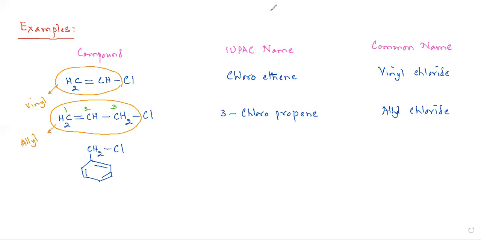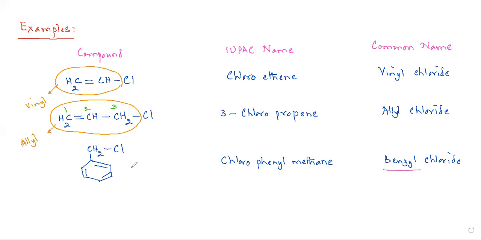So this can of course be called, it is actually chlorophenyl derivative of methane. So the IUPAC name is chlorophenylmethane. Common or famous name is benzyl chloride. Benzyl.